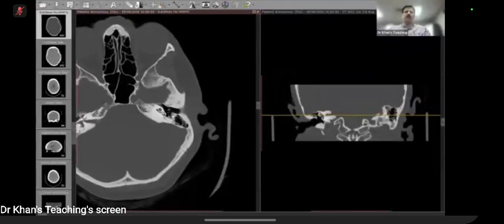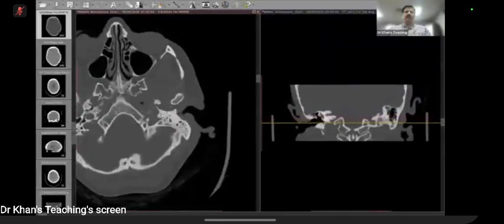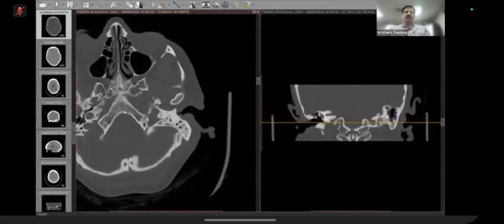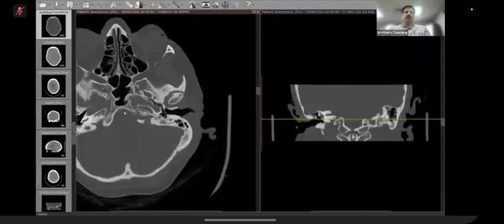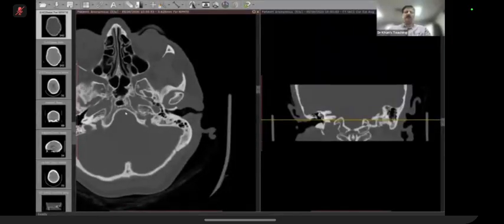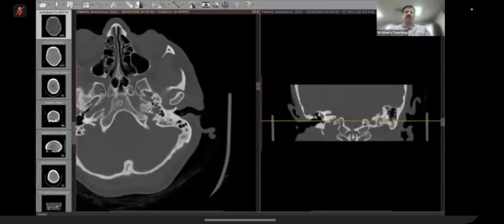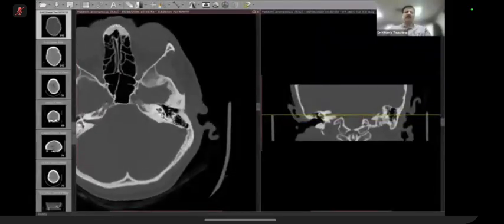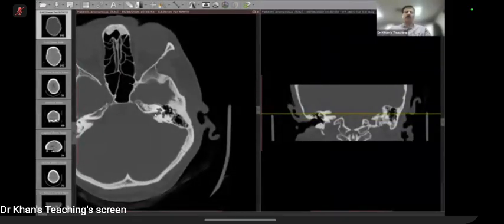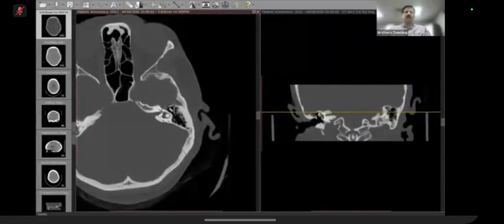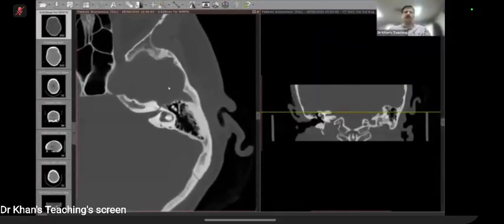But let's have a more global view now. So if we go back, this is the clivus, and then we have got the internal auditory canal. So this is the cochlea. And as I'm going superiorly, let me make it bigger.